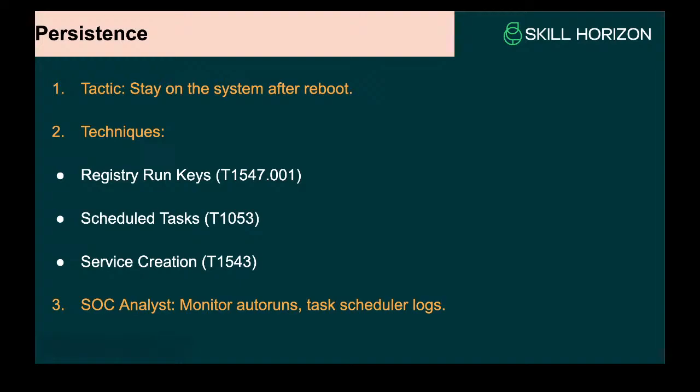They want to be persistent, so that's why they use this tactic. The techniques to do that are registry run keys, scheduled tasks like cron tabs or cron jobs, or new service creation. So as an analyst, you will monitor the autoruns, the task scheduler logs, or the registry modifications.